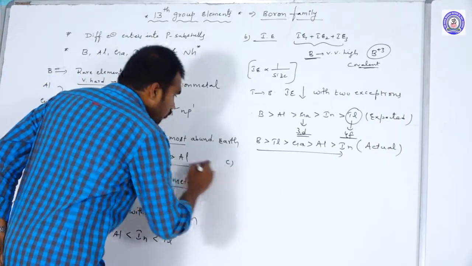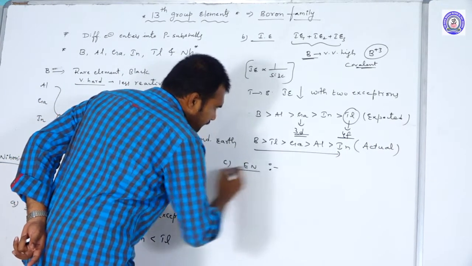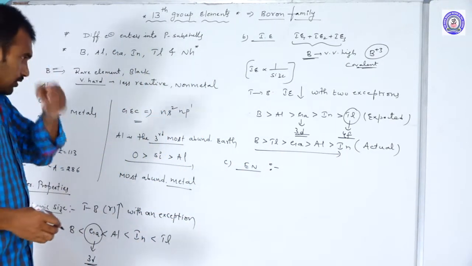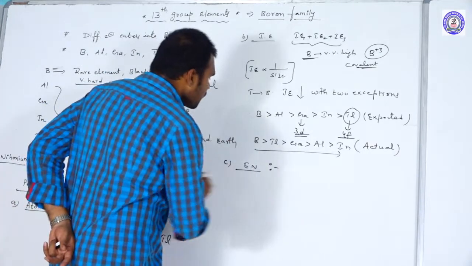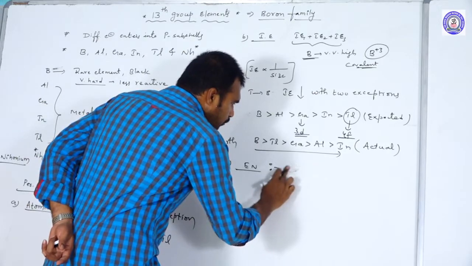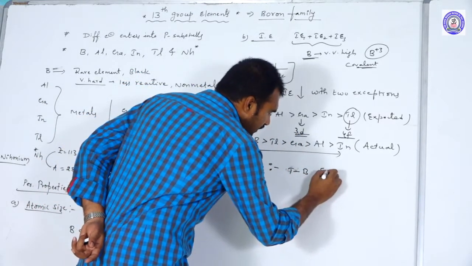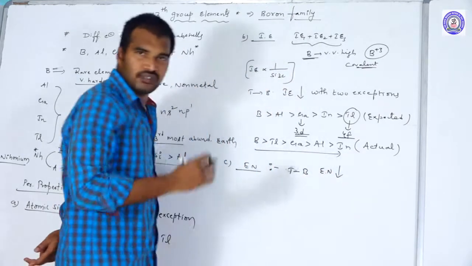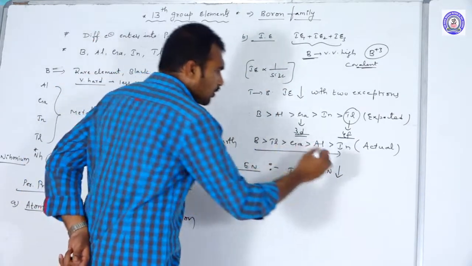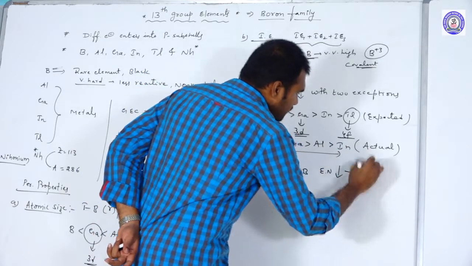Next, let us move to the third one, that is electronegativity. When you check the electronegativities from top to bottom, electronegativity decreases first, thereafter increases.